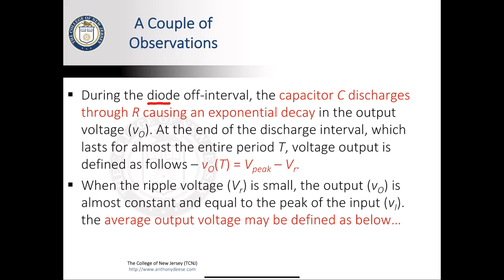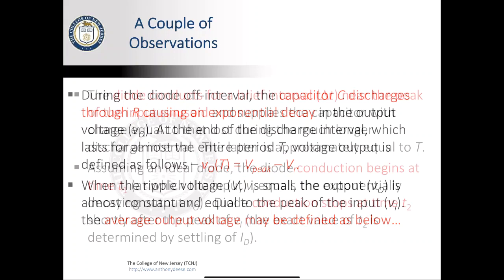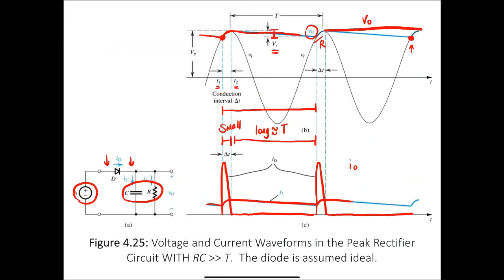During the diode off interval, the capacitor C discharges through the resistor, causing an exponential decay in the output voltage VO. At the end of the discharge interval, which lasts for almost the entire period T, VO is equal to the peak minus the ripple. Again, that's backed up by what we saw over here, right?